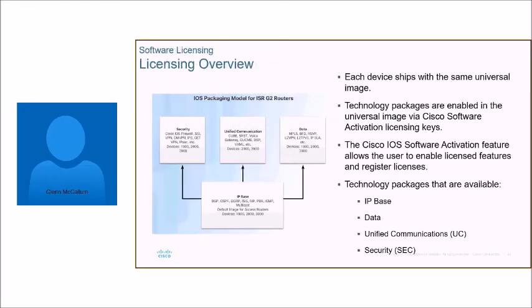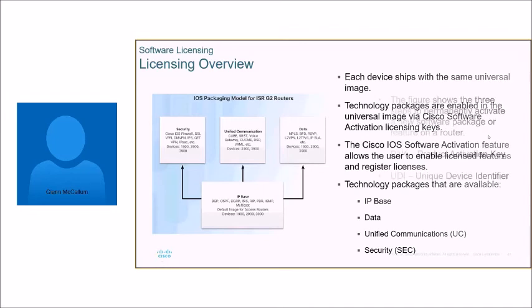Okay, so as I said, there's different licenses for different features that you need. When you buy a Cisco device, unless you paid extra for these feature sets, you only get IP base. If you wish the extra features, at the time of purchase you can specify it, or later on you can contact Cisco and get the extra license key. But you will need to supply the serial number.